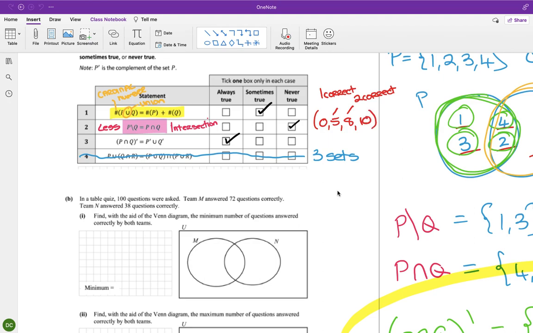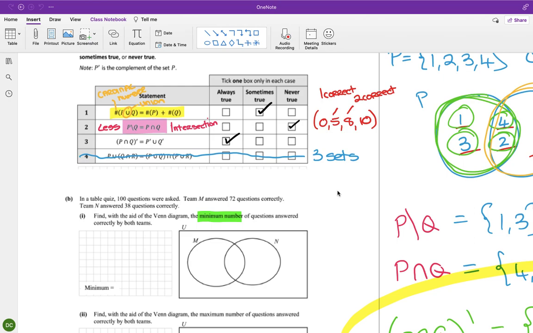So, this. In a table quiz, 100 questions were asked. Team M answered 72 questions correctly and Team N answered 38 questions correctly. Find with the aid of the Venn diagram the minimum number of questions answered correctly by both.